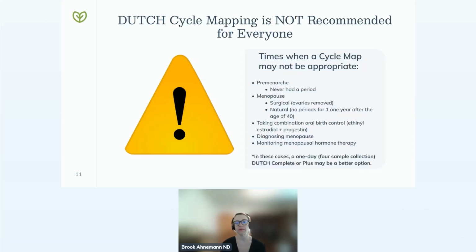We also don't recommend it if they're on oral birth control, especially those combination pills. It's not recommended to diagnose menopause, and it's not used to monitor hormone replacement therapy. In these cases, there's no hormonal cycles, so every day looks very similar. So a single one day collection is a better option.